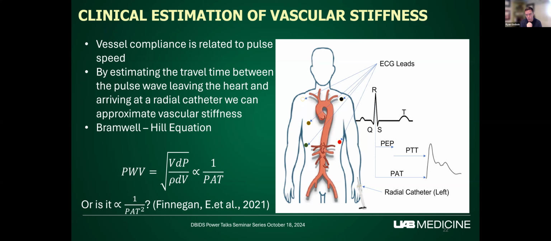But what we're really trying to look at is the time difference between that beat of the heart and how long did it take for that pulse wave to travel to the catheter. So the idea is built on the Bramwell-Hill equation that relates essentially the changes in volume and pressure to the time it takes for that pulse wave to travel.